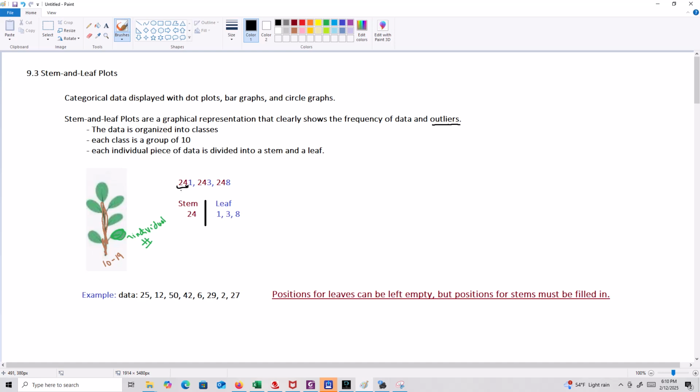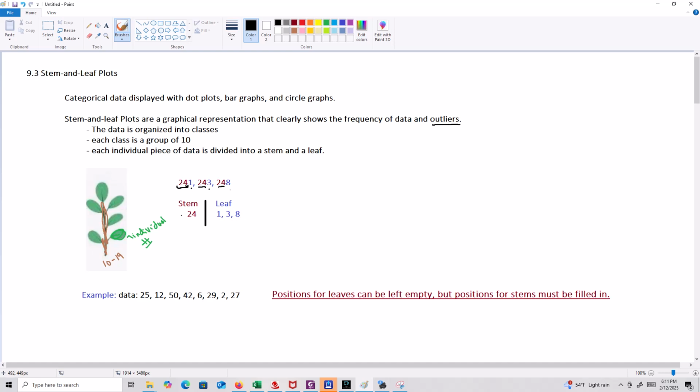So 24 is the stem, and it's the same for every number, so I only need one stem in my stem and leaf plot. Now the leaf helps to represent that individual piece of data, so that is going to be the ones place value. There's a 1, a 3, and an 8, so you put that in on the leaf side.